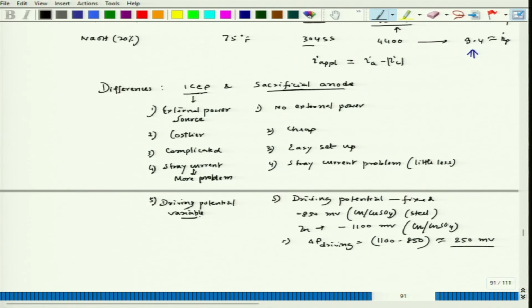Okay. So, now finally, it comes to some of the calculations like current requirement or current output when we use magnesium or when we use zinc, as well as we can also calculate the number of anodes that will be required, and then the weight of anodes that will be required and how long that could give protection, number of years. So, those calculations we can do, and that we can take up in our next lecture.